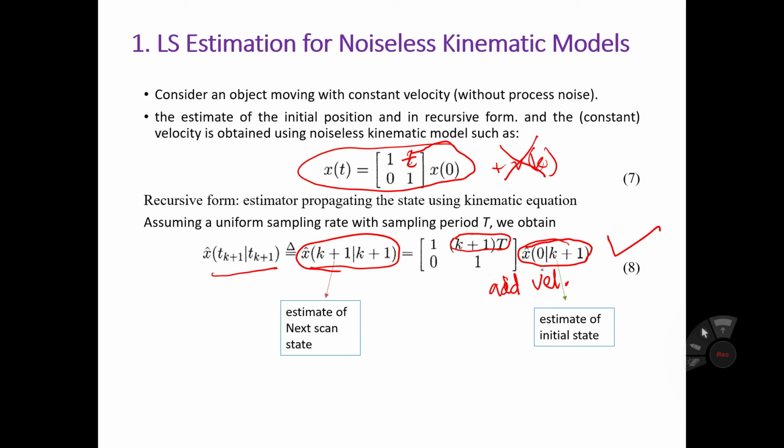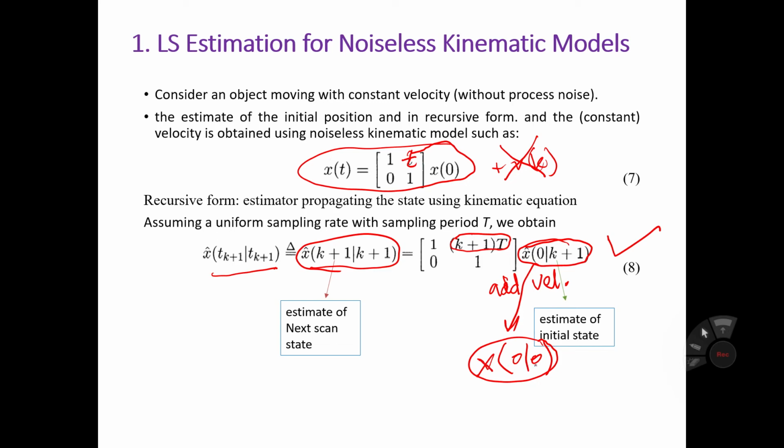This is the same as x of 0 given 0. So this is the estimate of the initial state. So x of 0 given 0 is already given to you at the first time. The initial state is already known.